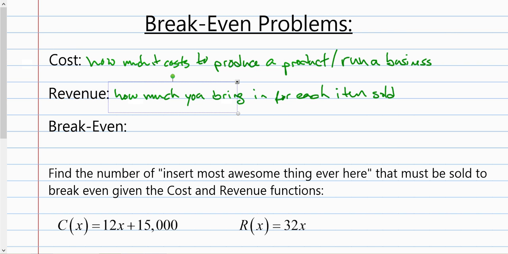The break-even point is literally when cost equals revenue. It is when you are no longer in the red from your setup costs and creating all of these things. You've finally sold enough that you are officially no longer in the red, but you're not quite in the black yet.